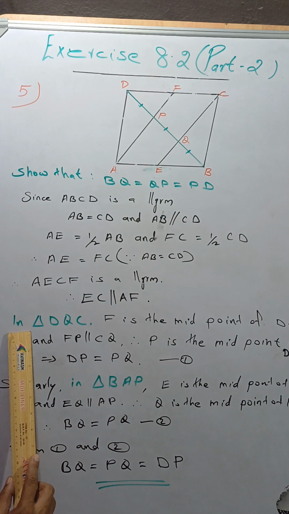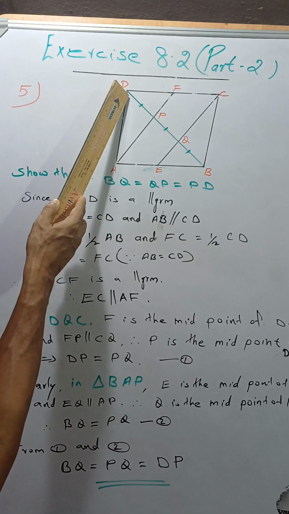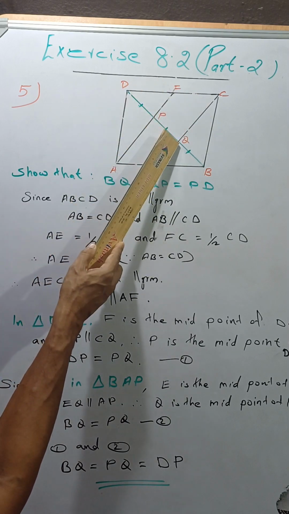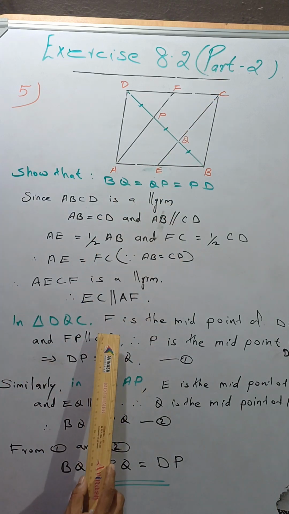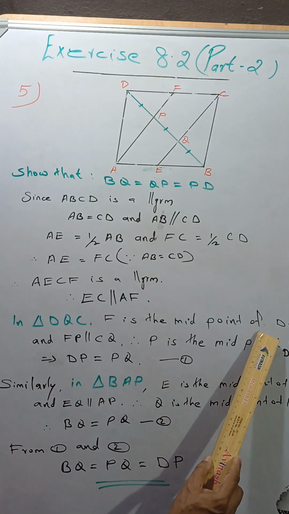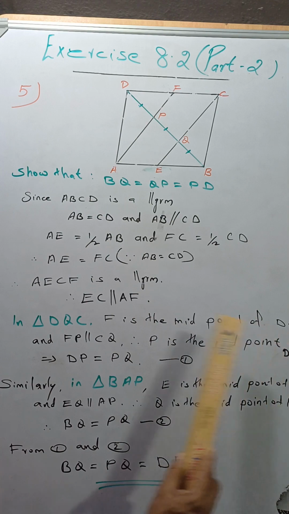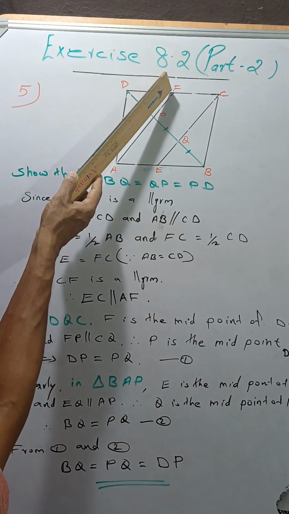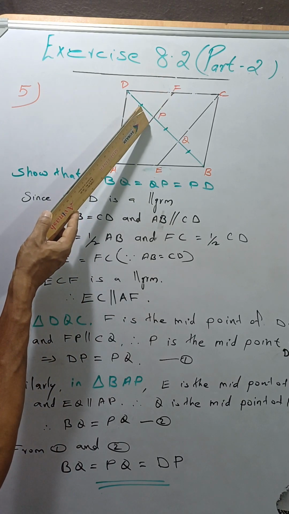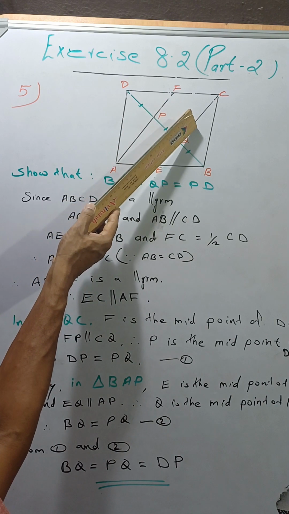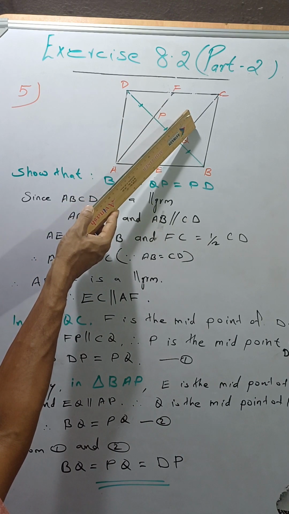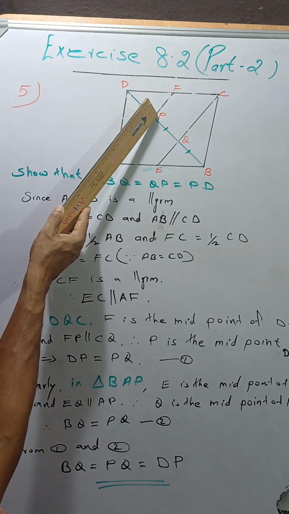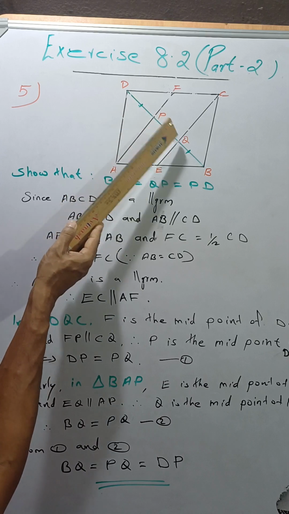Then we are taking triangle DQC. F is the midpoint of DC and FP is parallel to the third side in this triangle, so we know that FP bisects QD.